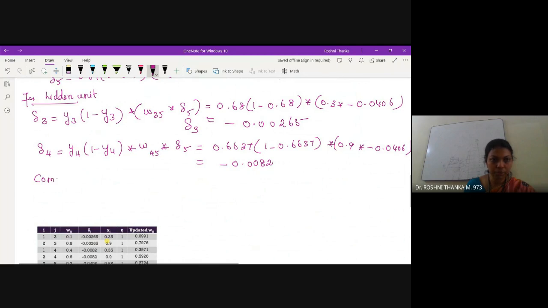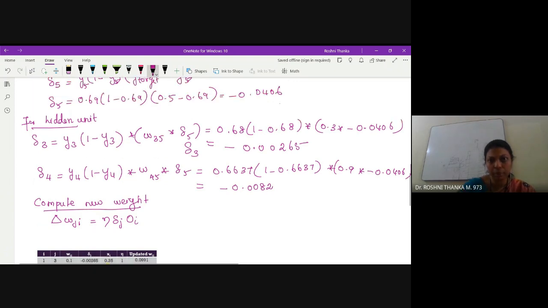We want to find delta of Wji is equal to the learning rate, and then the delta of j, that is the error, and also the output. So using this formula, let us calculate it.